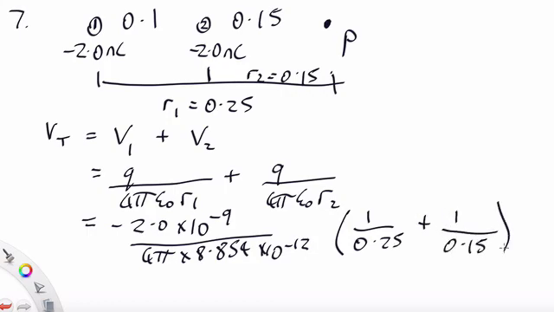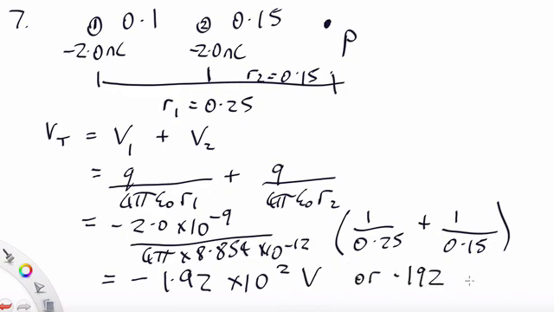So I've just taken all the constant terms out the front. That will be minus, once I've simply worked all that out, 1.92 by 10 to the 2 volts, or minus 192 volts.